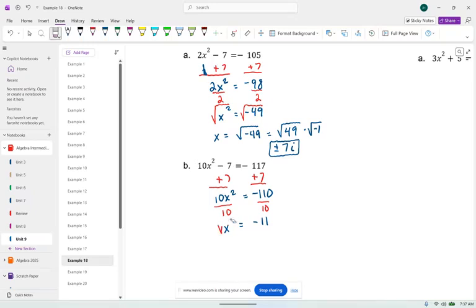Take the square root of both sides, and we end up with x equals the square root of negative 11.